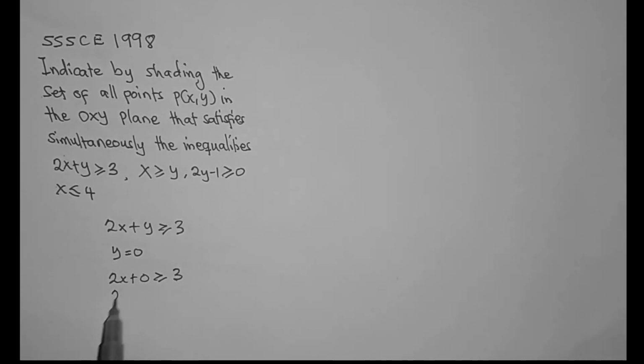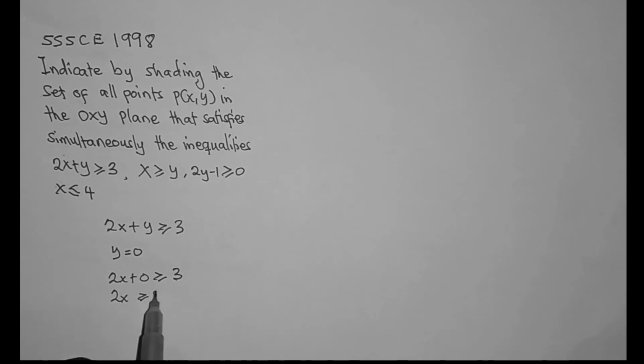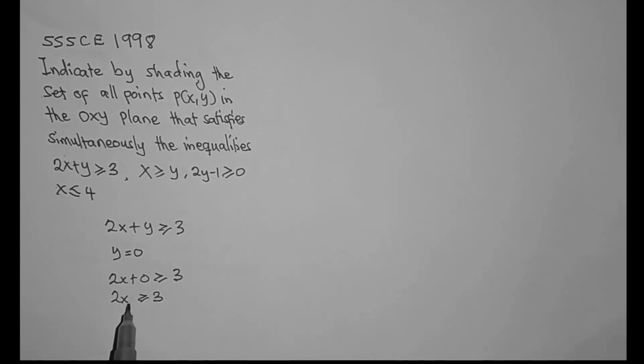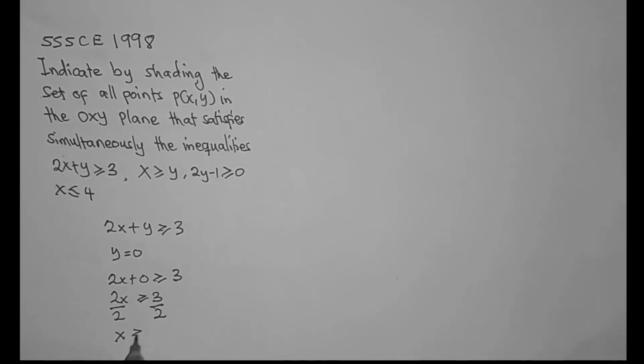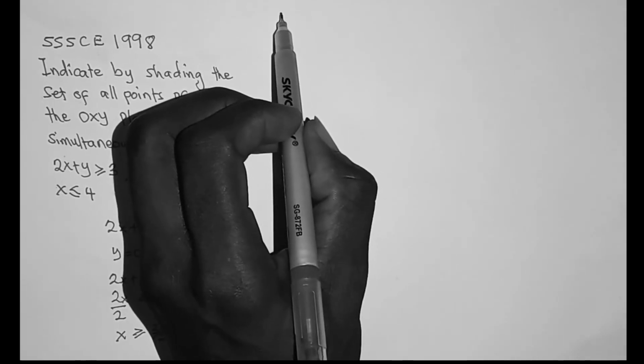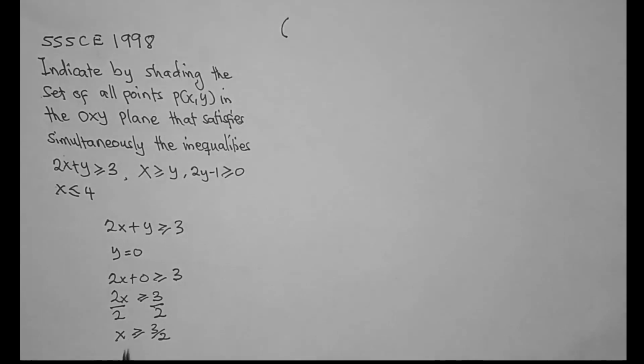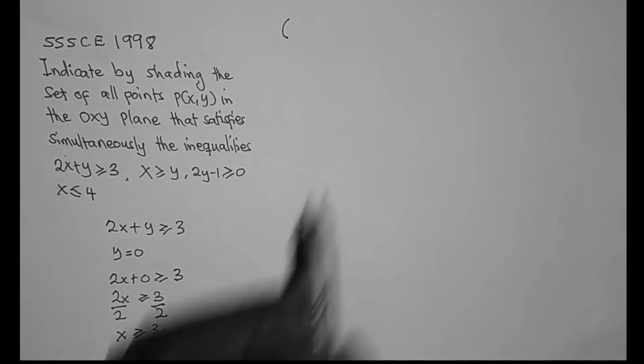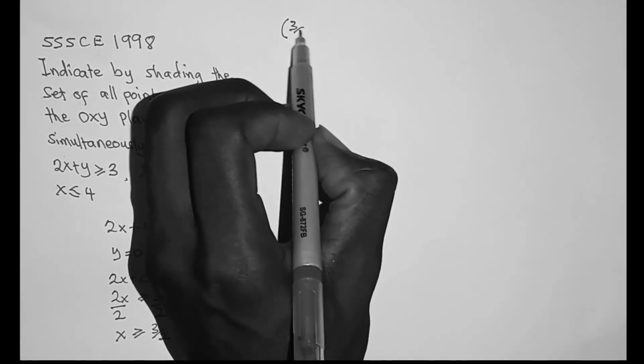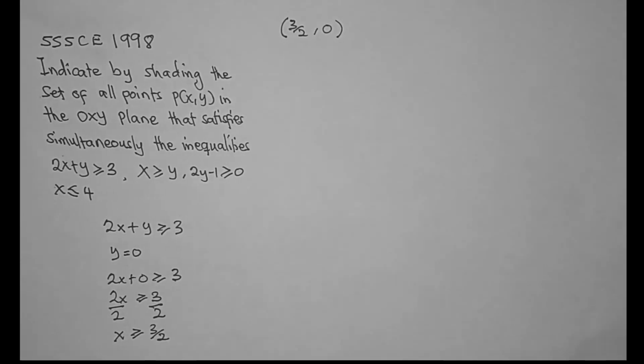So 2x is greater or equal to 3. If we divide through by 2, then x is greater or equal to 3 over 2. So we have the point 3 over 2 and 0.